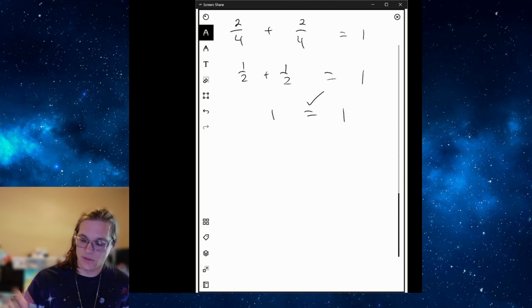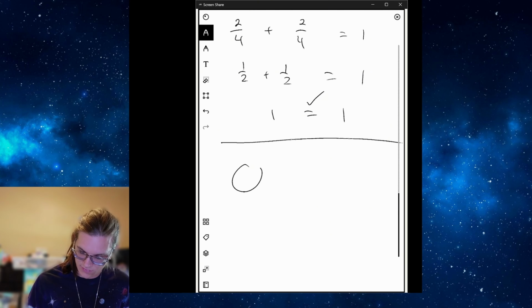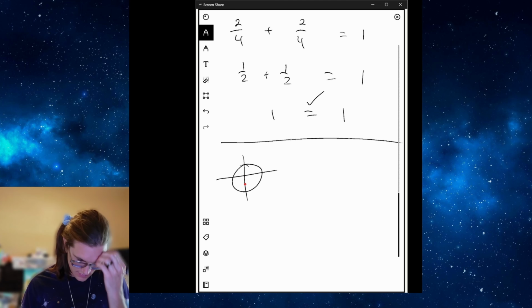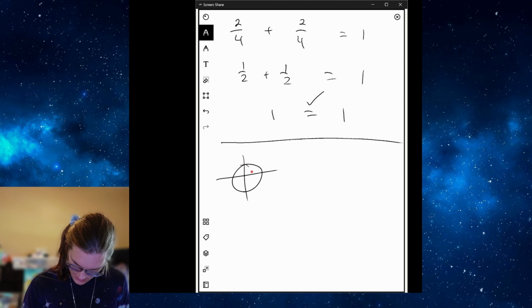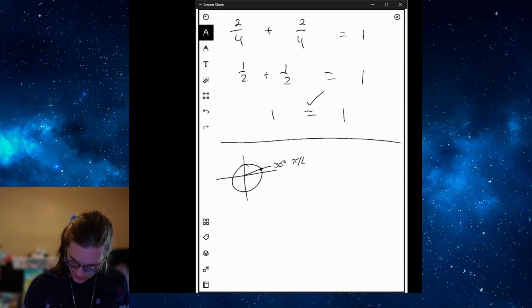One point usually isn't enough to prove something to yourself, so we can use this. If the x is long, that'll be right here at 30 degrees, or this is also pi over 6. We know that the coordinates are root 3 over 2 and 1/2.